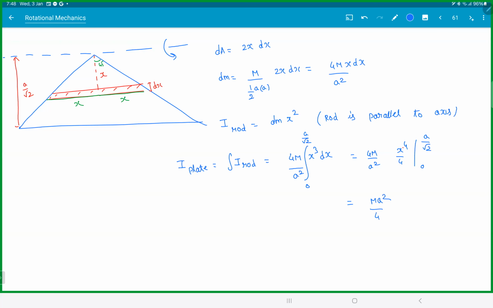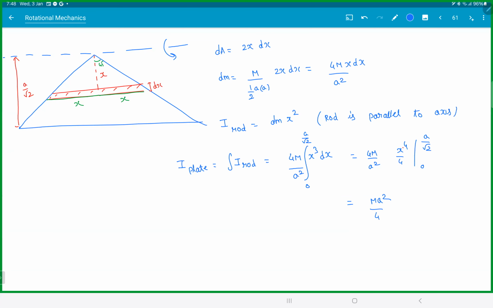Yeah, ma square by 4 is the answer. Check it out. Clear with this?